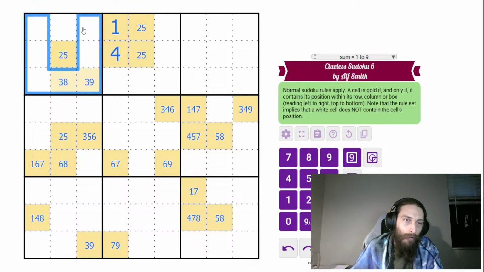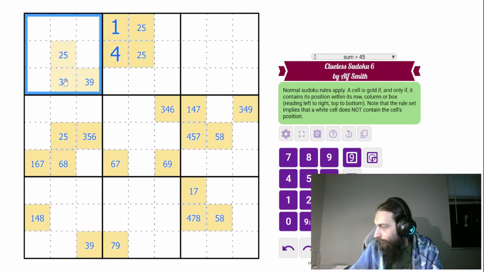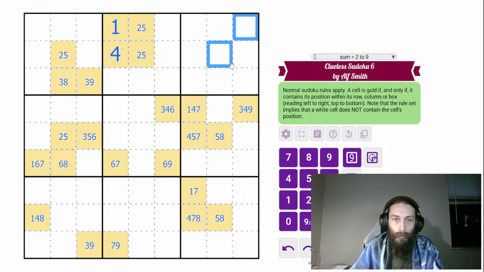Okay, well, where can I put a 1 in here? Might want to think about the single boxes in each row and column. The single boxes. What do you mean by the single boxes? Are you talking about the white squares?